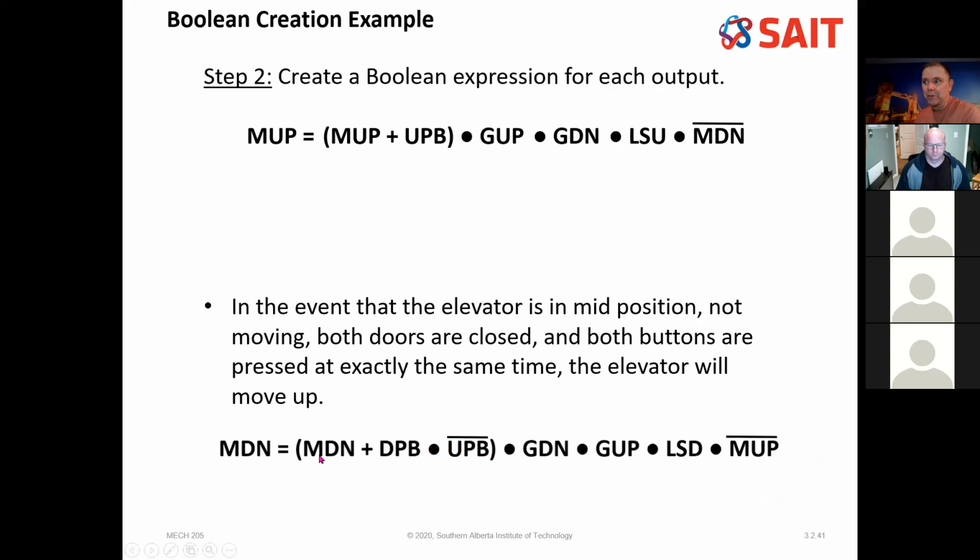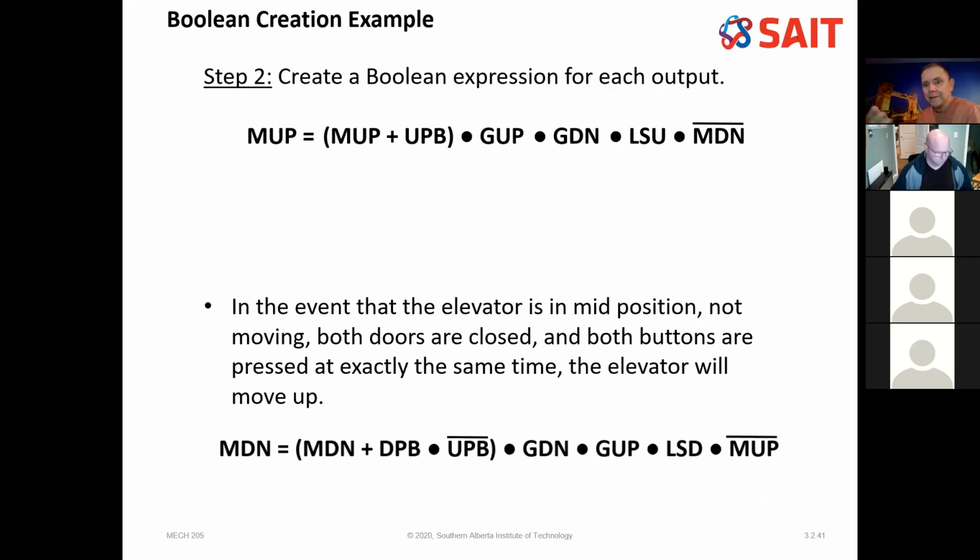If he did press the up push button, this equation would fail, right? So the motor down would not happen if he pressed the up push button. And I'm not going to put that in the up push button, so it'll have the default. It'll go up. Motor down, motor up, or up push button will make it go up, even if the guy presses the down push button, because it's not in that equation. Any feedback or questions on that?